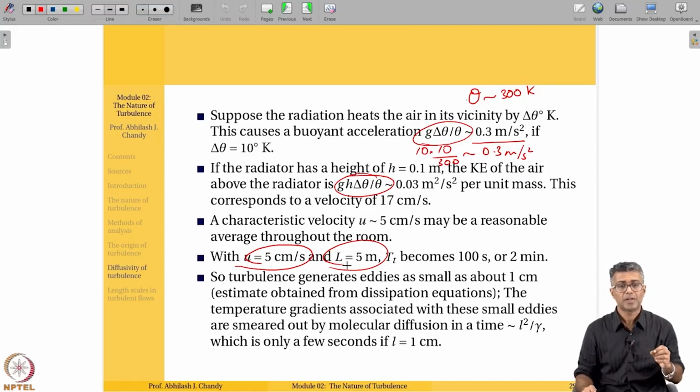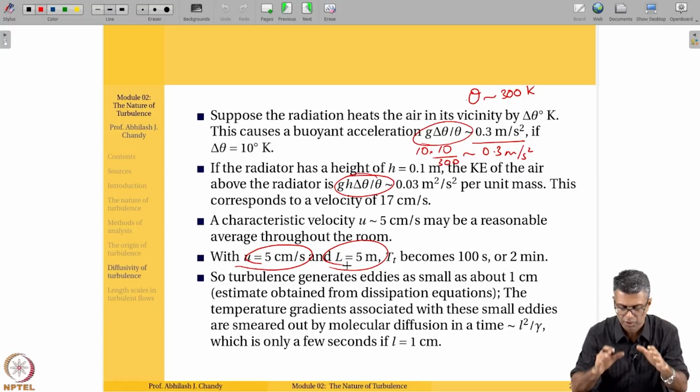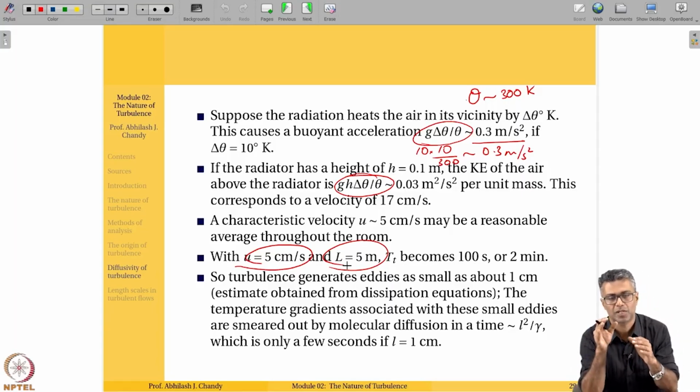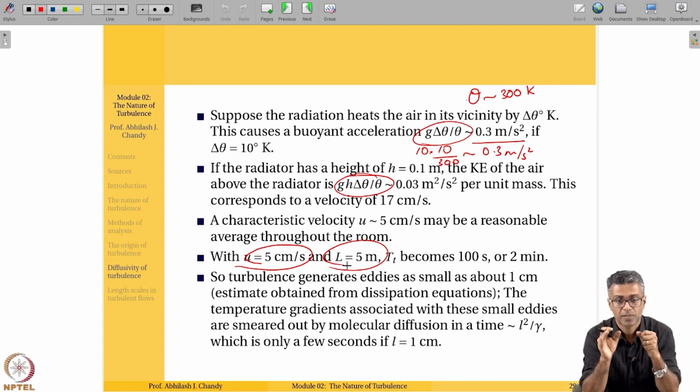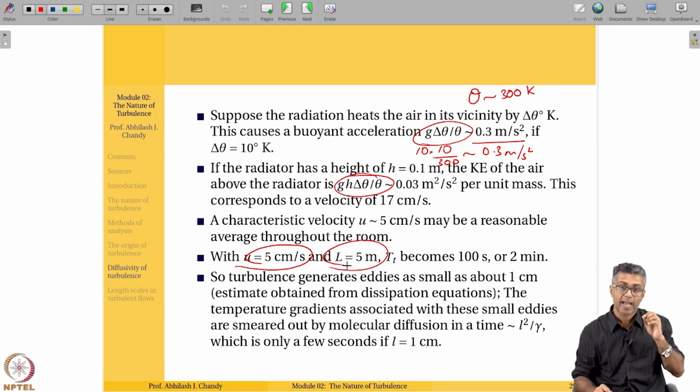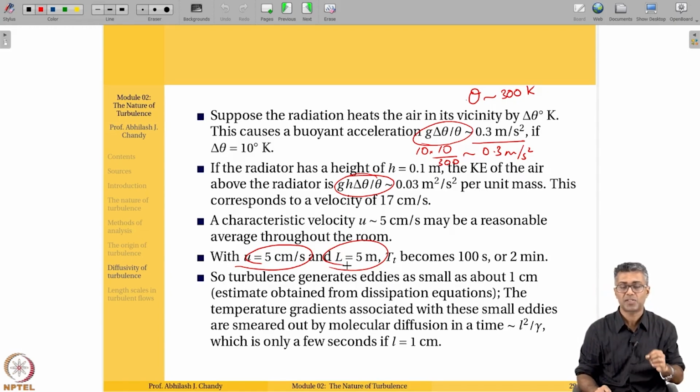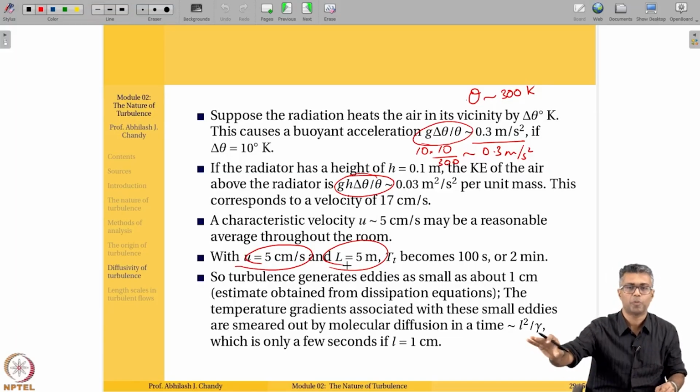Turbulence generates eddies as small as about 1 centimeter. This estimate we obtained from dissipation equations. I have not gone into that here; we will discuss how to come up with those numbers much later in the class. The temperature gradients associated with these small eddies are then smeared out by molecular diffusion.